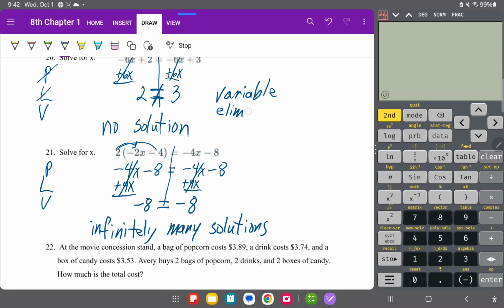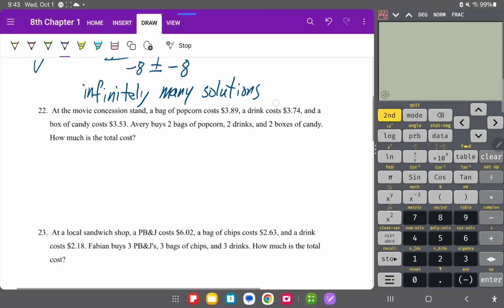So if the variable is eliminated, like here, or like down there, if it's not equal, it's no solution. If it is equal, it's infinitely many solutions.